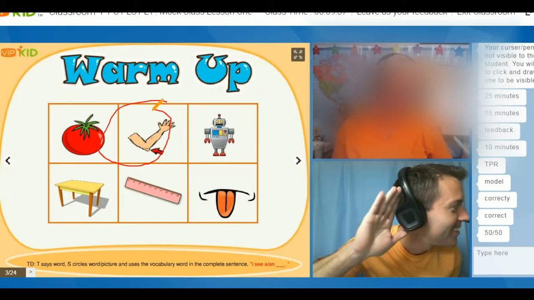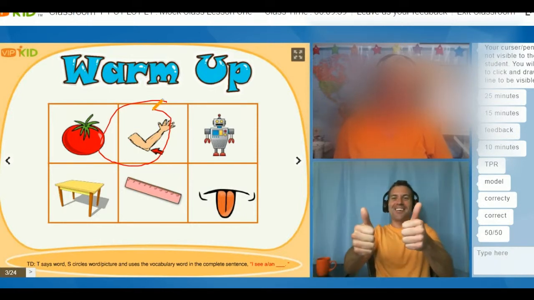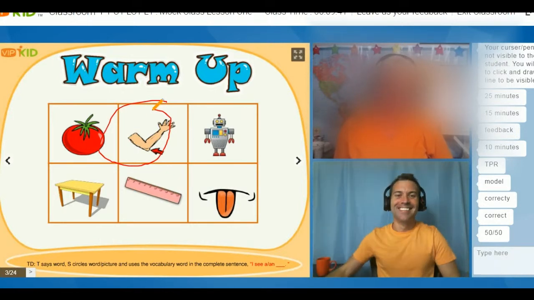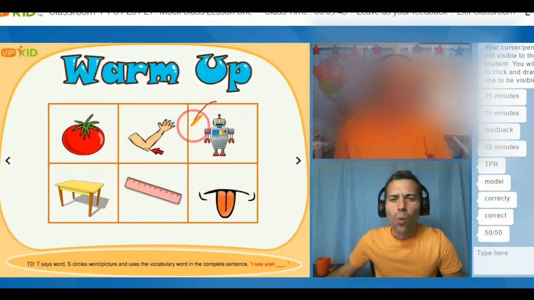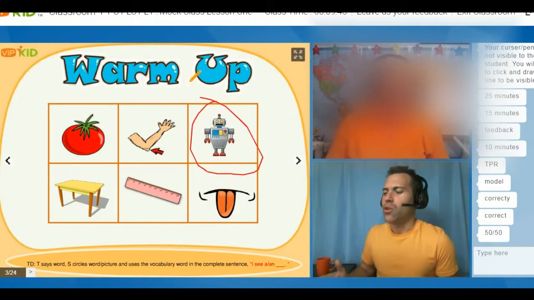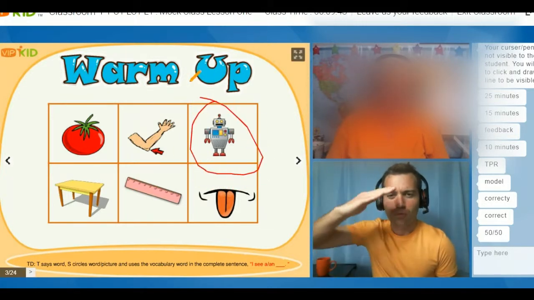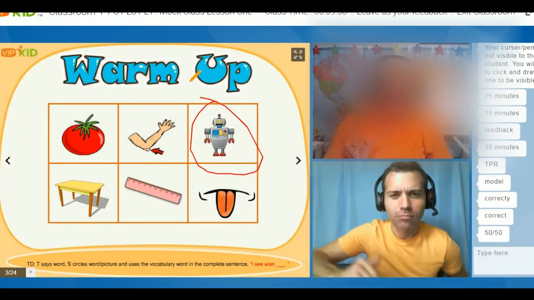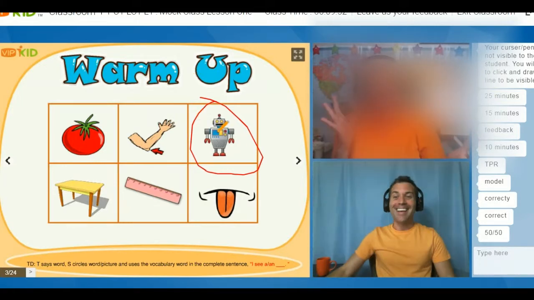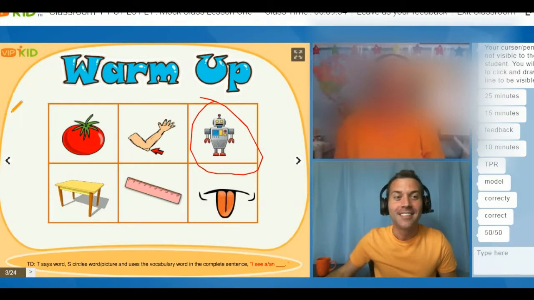I see an elbow. Good. Yes. What do you see? Robot. Yes, robot.